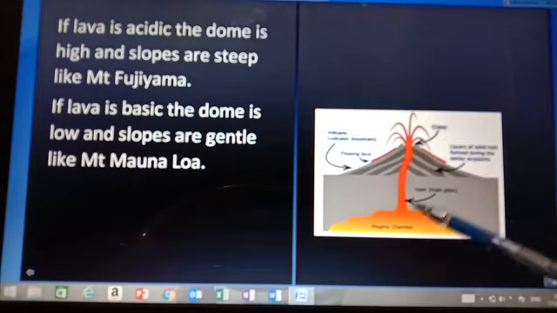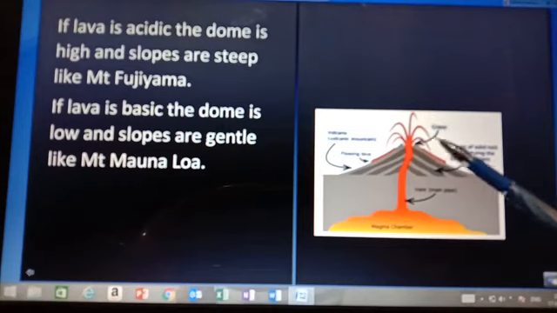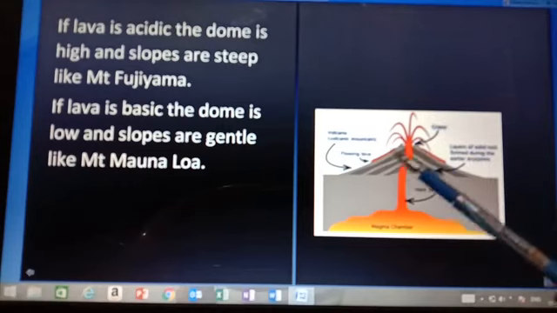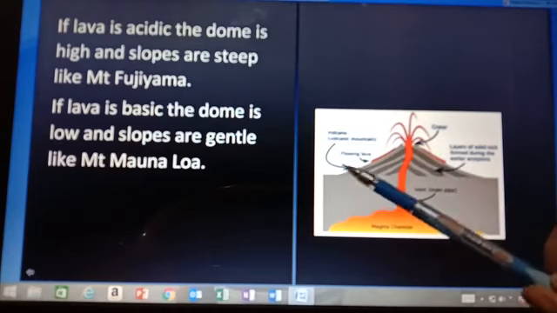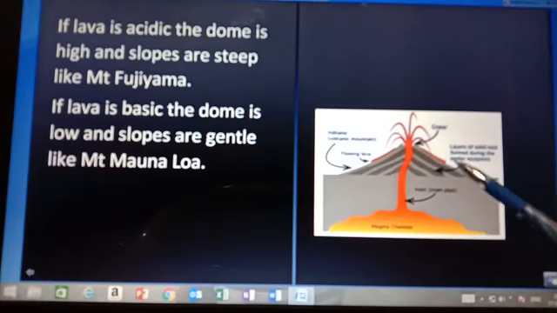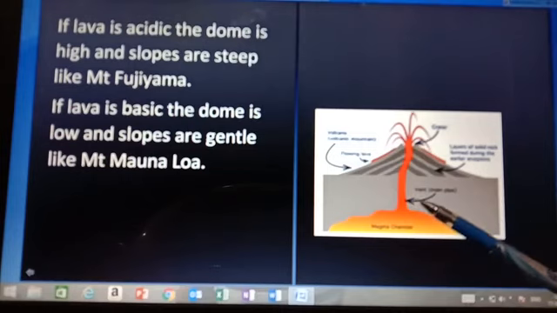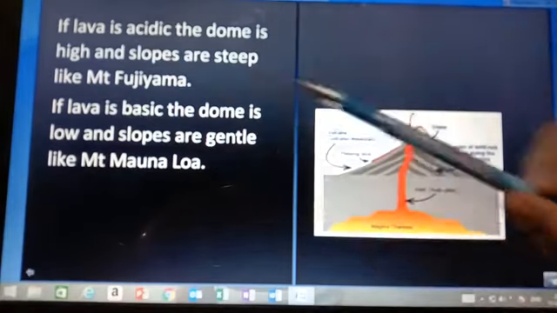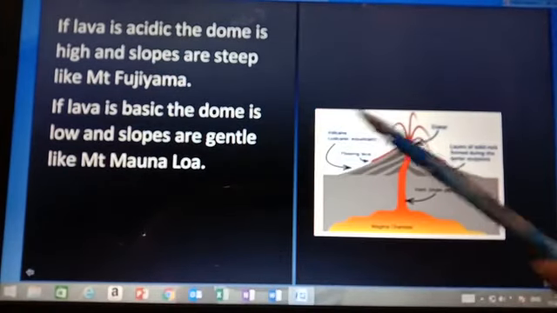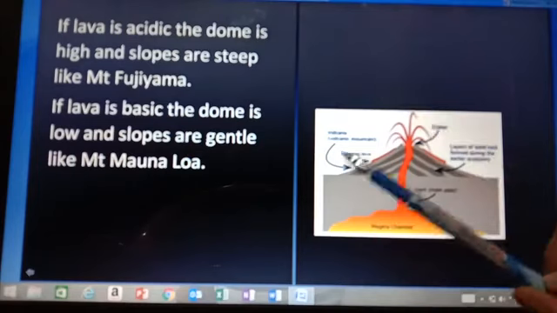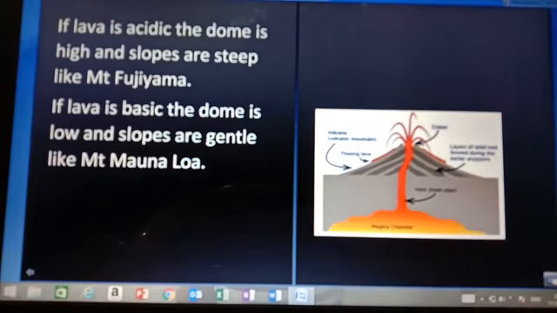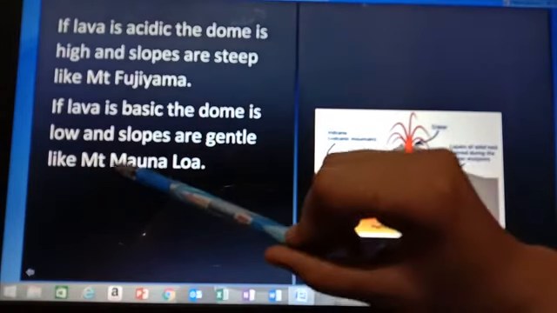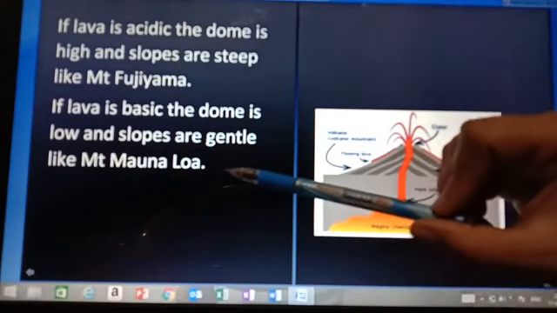When magma comes out, this lava solidifies in this region. The flowing lava solidifies, which leads to the formation of volcanic mountain. Children, see, what happens if the lava is acidic in nature? The dome is high, the top surface is high, and if it is basic in nature, the slopes are gentle and the height is low, like Mount Mauna Loa. It's an example. Okay.